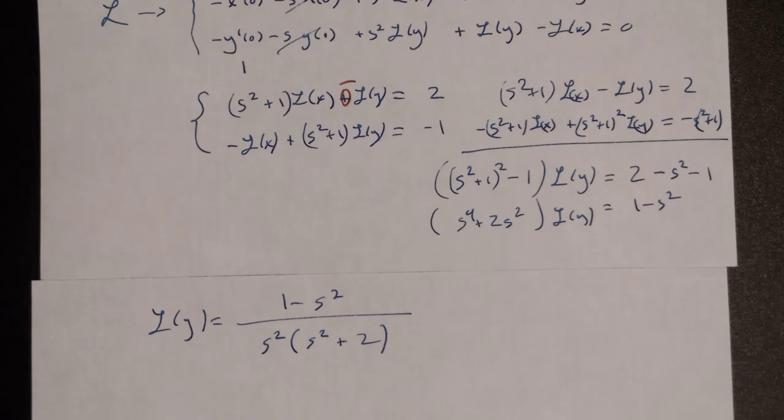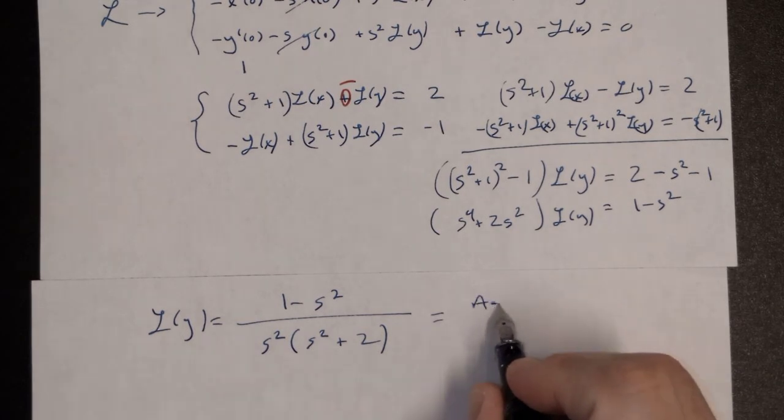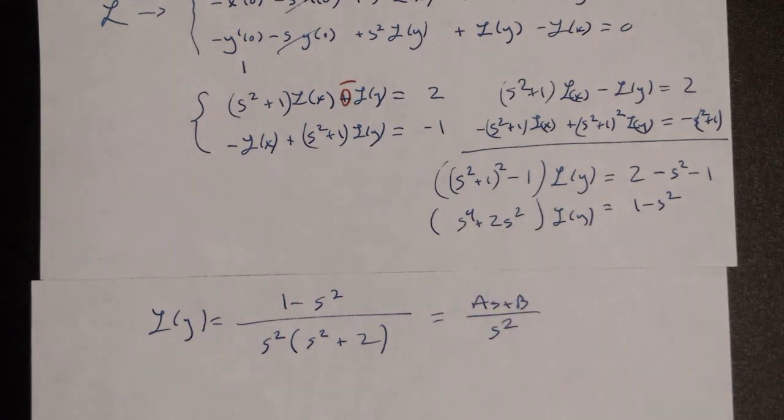Now, you have your choice about how you do this partial fractions because this s is squared. You can either write a over s and b over s squared, or you could write as plus b over s squared. Wouldn't that separate into the same thing? But if the bottom is squared, the top has to be linear. It's got to be 1 power less.